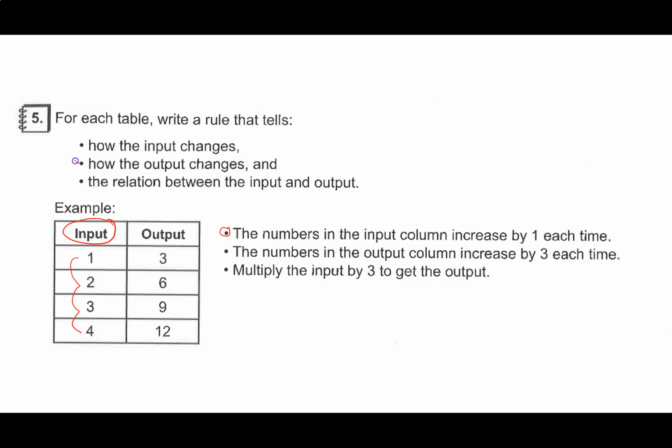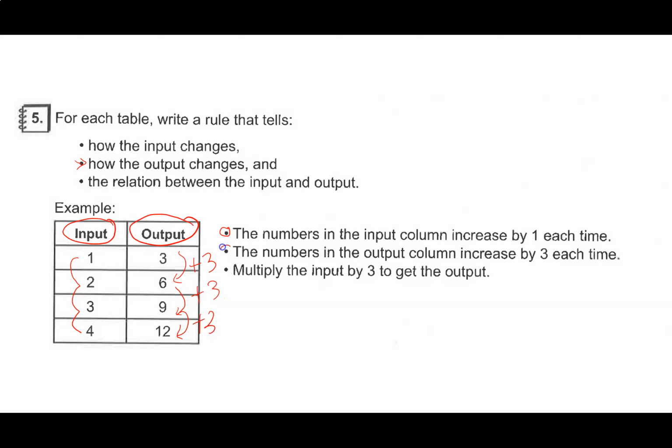The second part of the question asks how the output changes. The second column is labeled output. Let's see, 3 to 6, we add 3. To go from 6 to 9, we also add 3, and the same for 9 to 12.